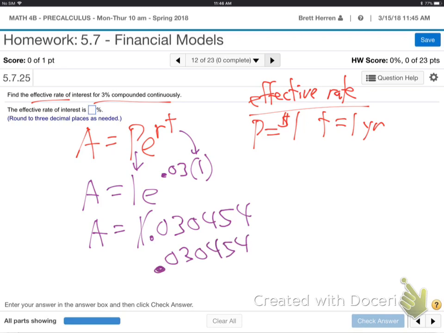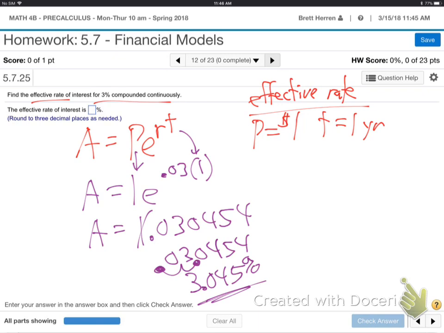So get rid of that 1 in the front. That's the growth. Good. Move the decimal 2 places to make it back into a percentage. 3.045%. 3 places. 3.045. So that's the actual effect. 3% done continuously is really 3.045%. That's the real effect.